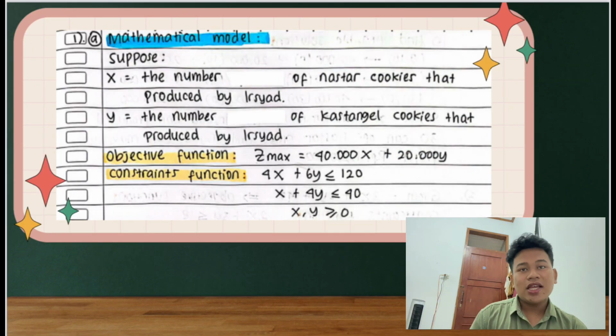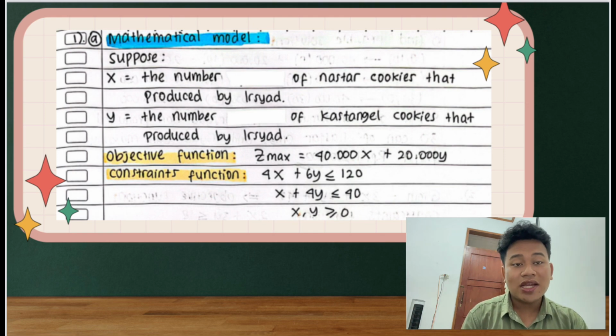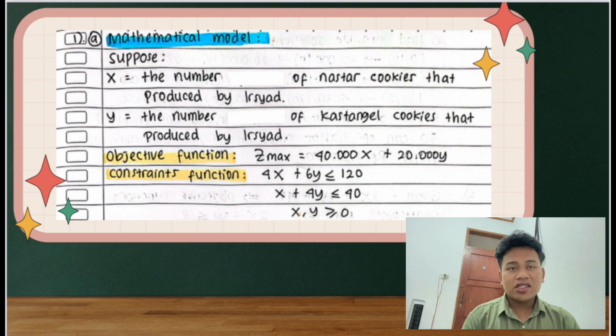Okay, next. For the first, we compile the mathematical model. We suppose X is the number of Nastar cookies that are produced by Irshad, and Y is the number of Castangle cookies that are produced by Irshad. Then for the objective function, we get from the problem, namely z max, that is 40,000 x plus 20,000 y.